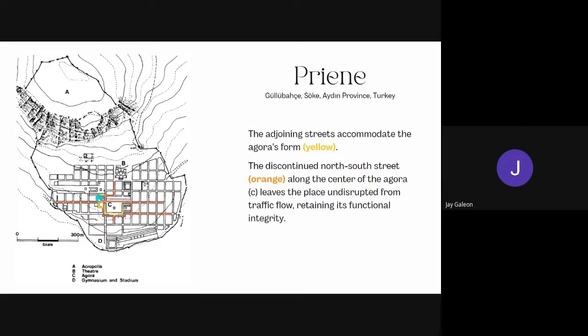Its adjoining streets mimic its form, as seen in these two small yellow areas, and next to that is the discontinued north-south street. This one does not intersect along the center of the agora, and the purpose is to leave the place undisturbed by traffic flow, because its opening is already adjacent to this street.